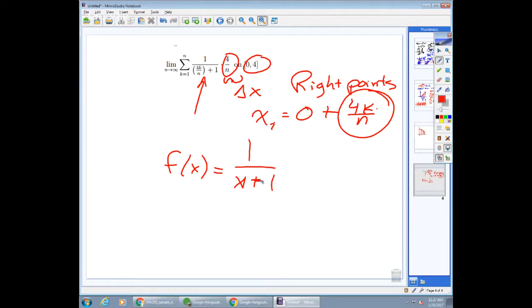That makes sense where I'm getting that? Because these guys are my xi's right there, and these are my delta x's. So that must be the function that I'm trying to evaluate. Now notice I didn't ask you to take this limit.